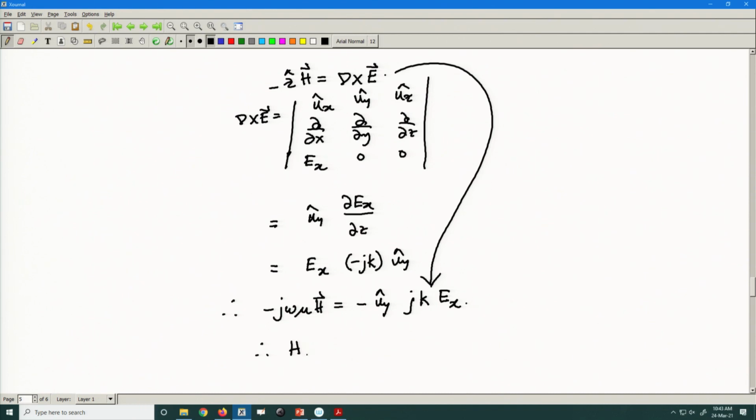Therefore, H has only a y component, which will be j k E x by j omega mu. Cancel this. So, that will be equal to k by omega mu E x.